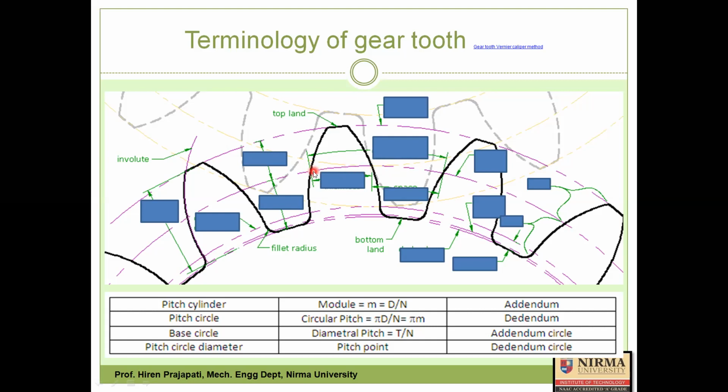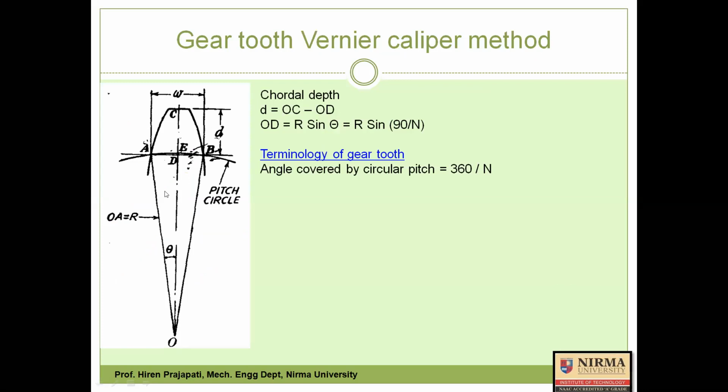I get the angle covered by one gear tooth on the circular pitch, means this much of angle. But we actually want theta in this diagram. We are going back. If you just look, theta in this diagram is half the angle covered by one gear tooth.